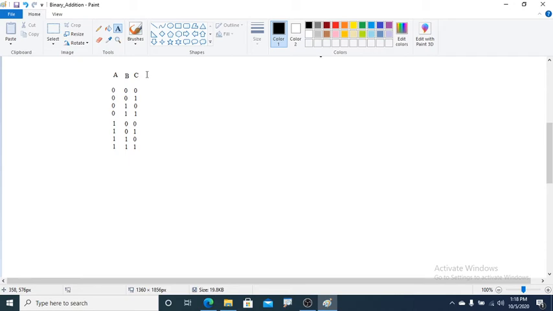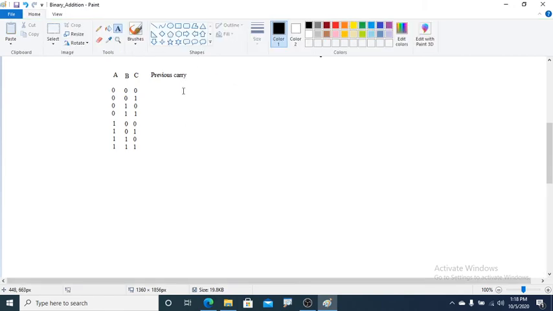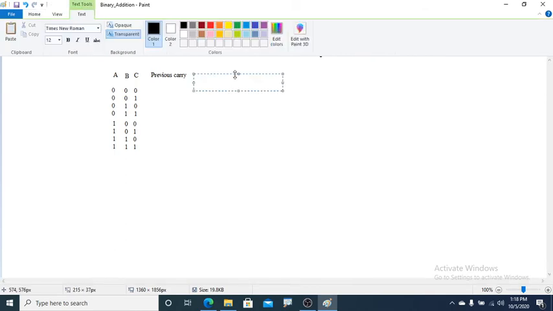What I am doing is, first I will do previous carry, sum and carry. Now previous carry I will take here on one side, here sum, here carry.